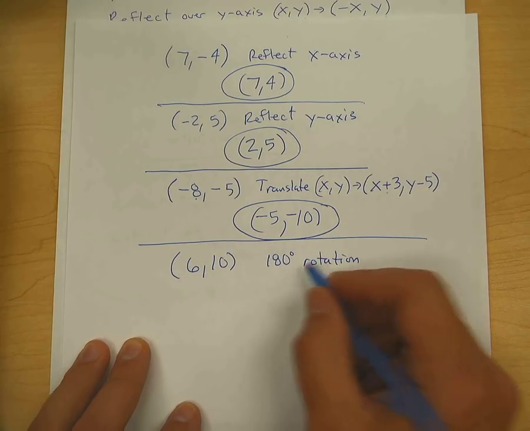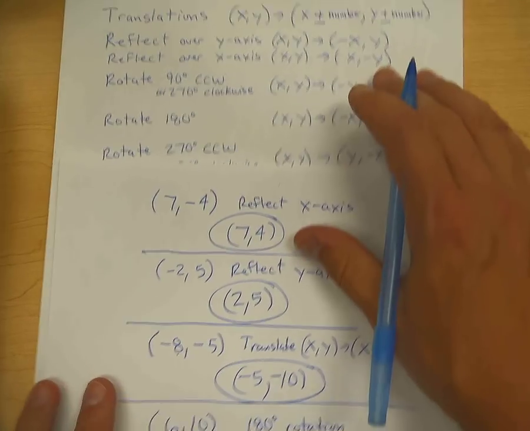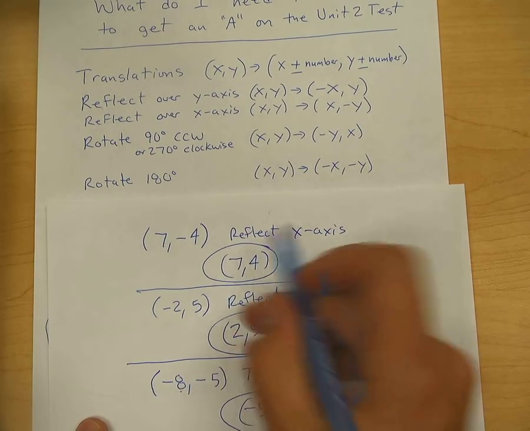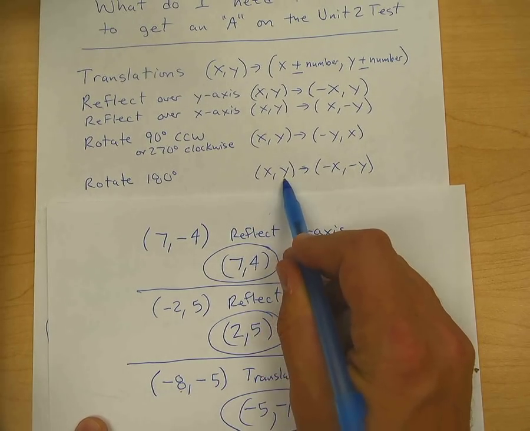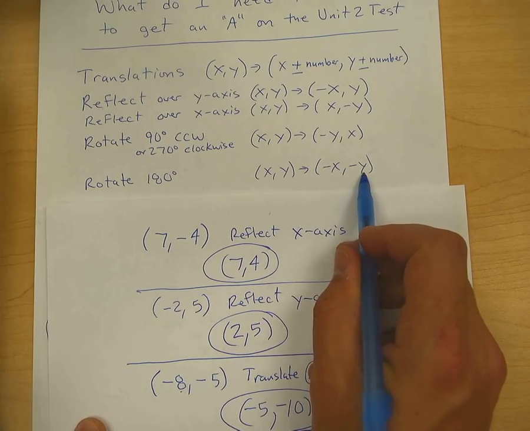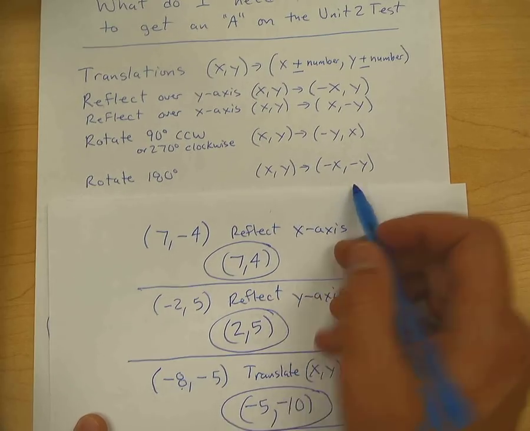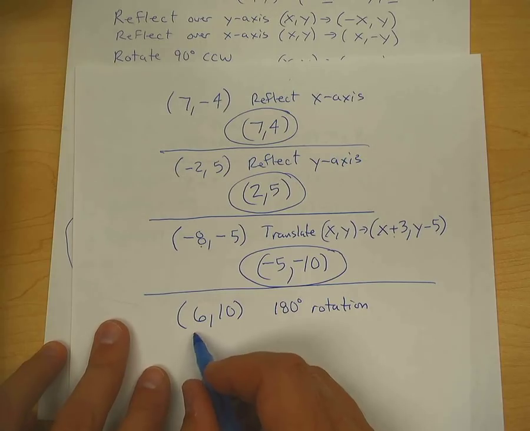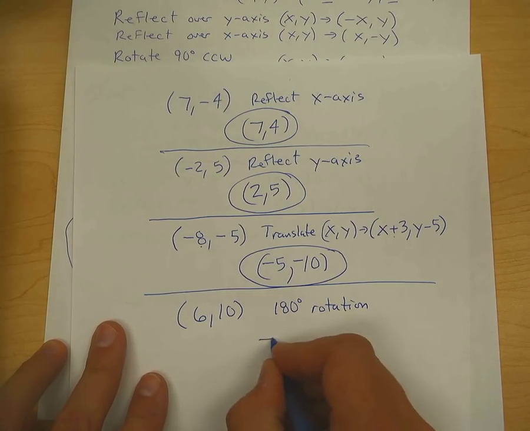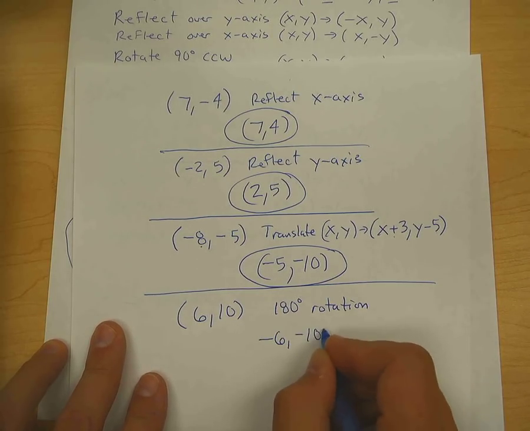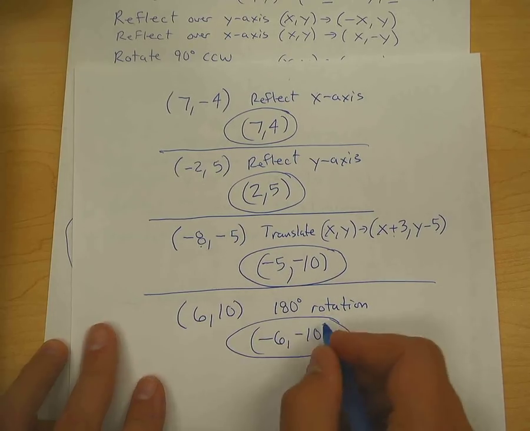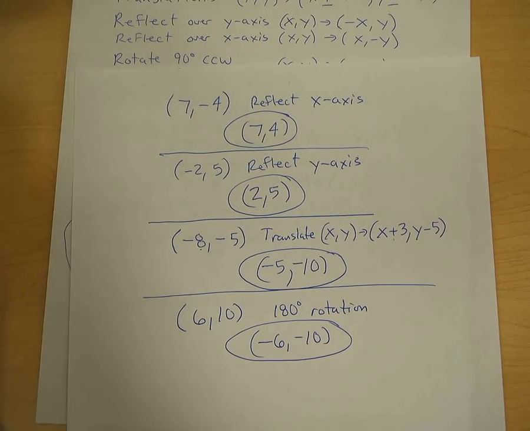So if I do that, I go to the 180 rule. See the 180 rule up here says (x, y) goes to (-x, -y), or the opposite of x, opposite of y. So here, my x and y are 6 and 10, so it becomes (-6, -10). Again, these are all examples of test questions.